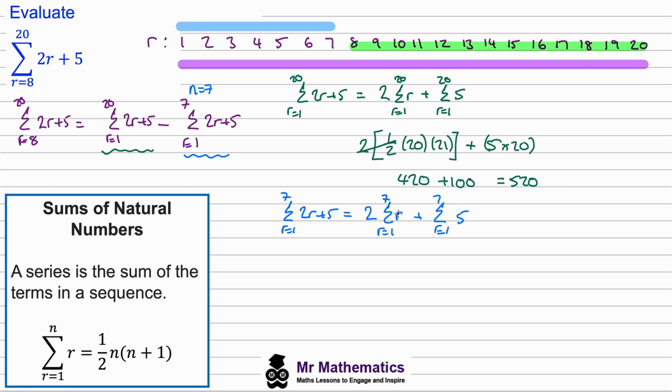So for this term, we know that n equals 7, so we've got 2 lots of 1/2 of 7 multiplied by 7 plus 1. And then for the next bit, 7 times 5 is 35. These two will cancel, so we've got 56 plus 35, which gives us 91.